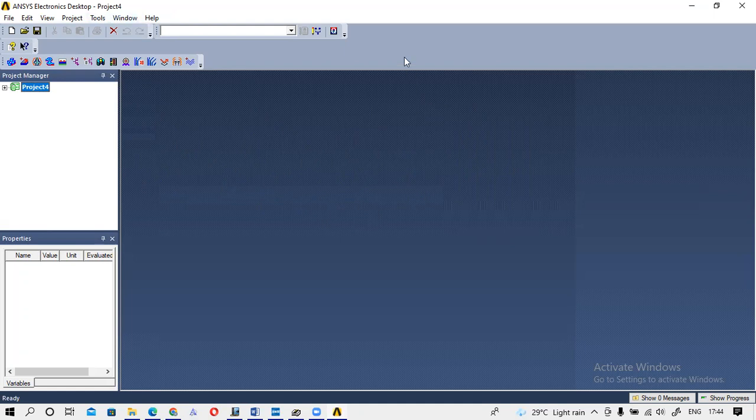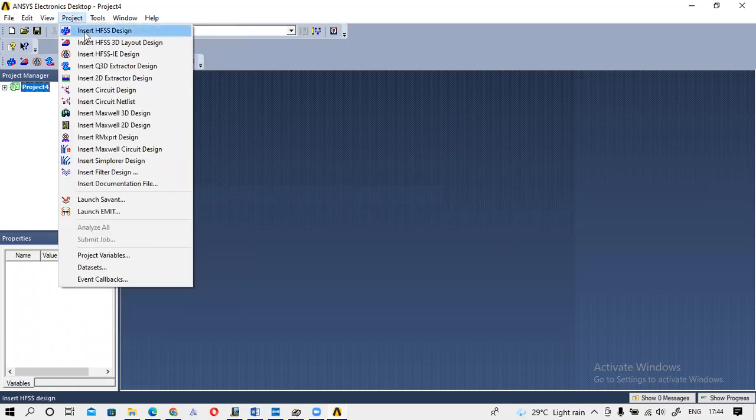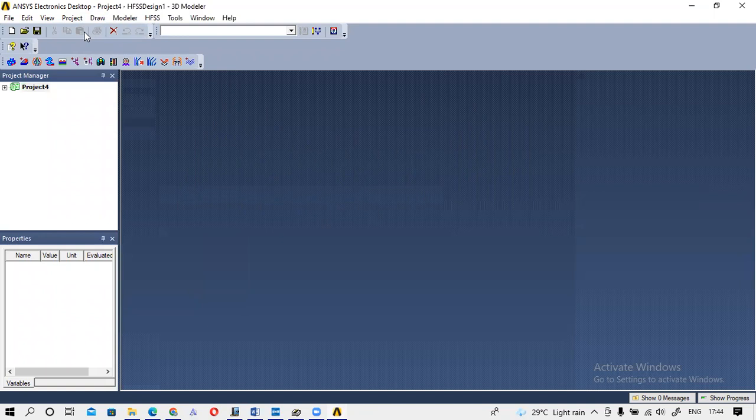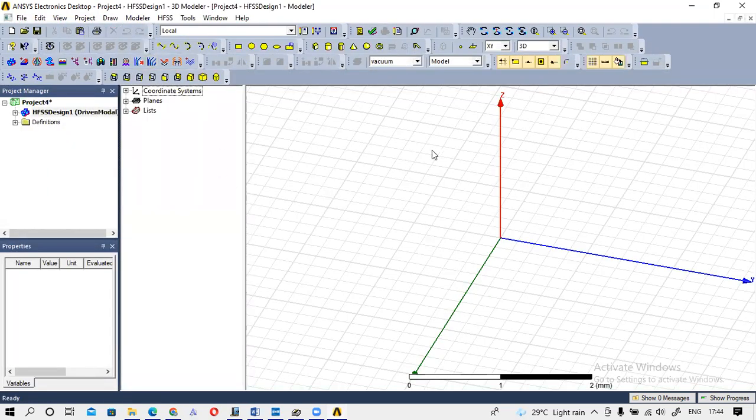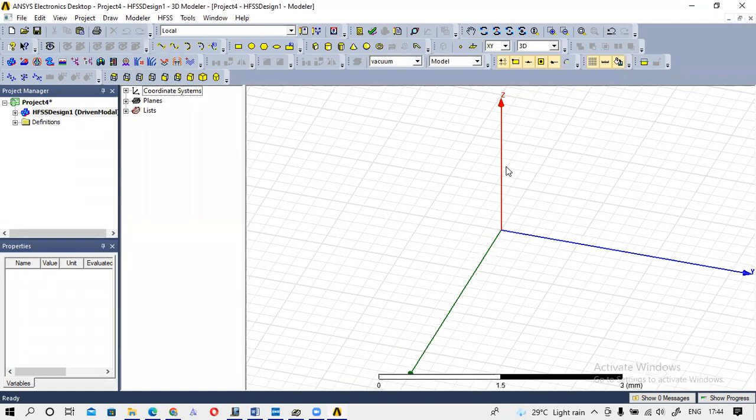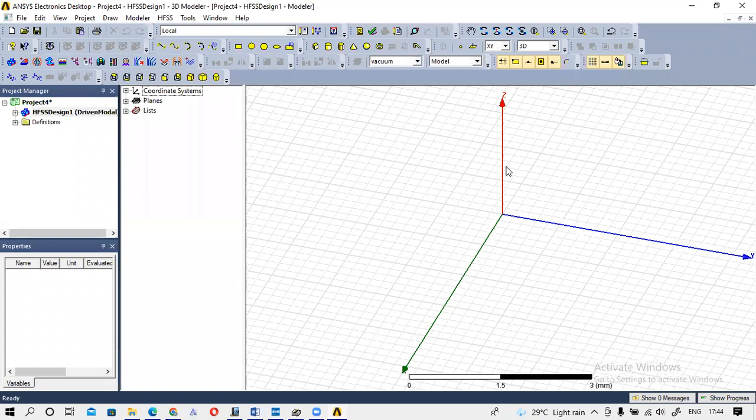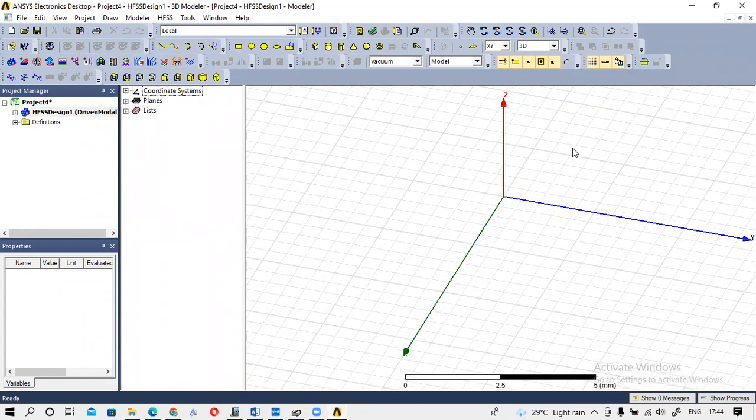First of all you have to get the new project, insert HFSS design. Once you insert the design, you will get this Cartesian space. Here we have to draw the objects. We have to draw our ground plane, our dielectric material, then our coupler.